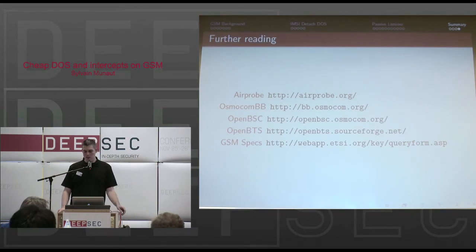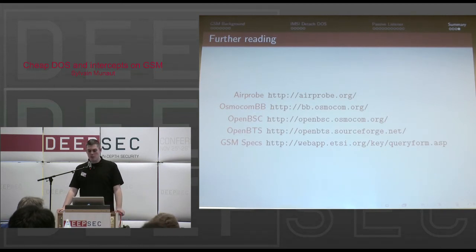OpenBSC, OpenBTS, and finally, please read the GSM spec if you're interested. It might be a little intimidating because there is a lot of specification, but you don't have to read them all. There are a few pointers in the beginning of what specification you could read depending on what you're interested in.